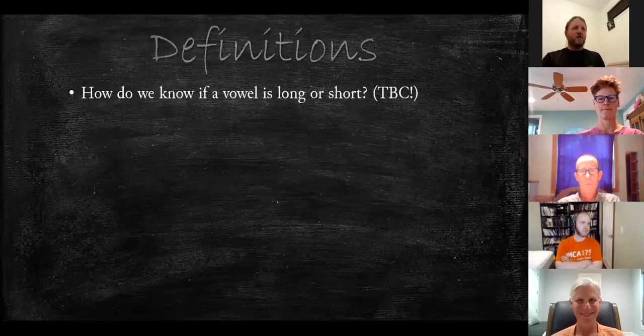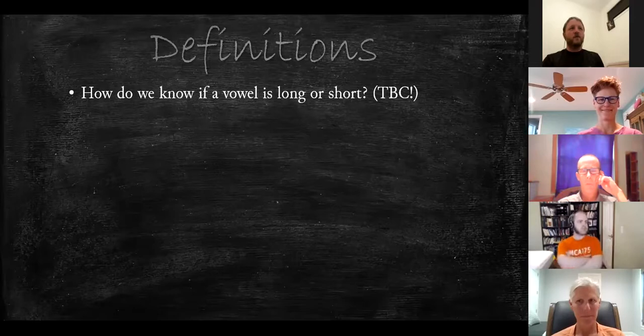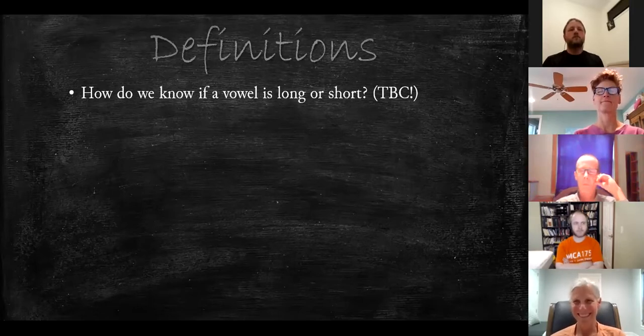All right, a little bit about definitions. How do we know if a vowel is long or short? I put TBC, to be continued, because we're going to look at it in a few minutes. There are two things. An open accented syllable is going to be long.